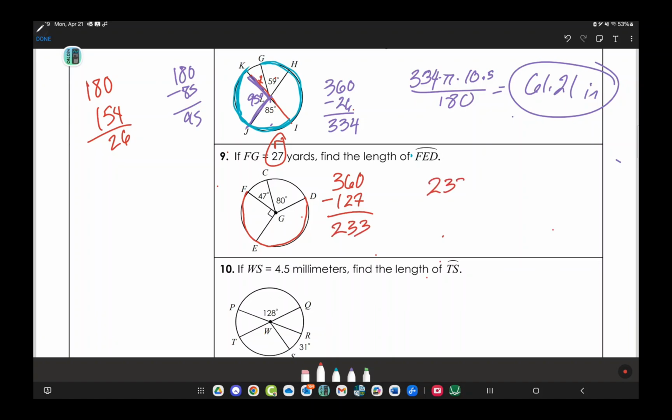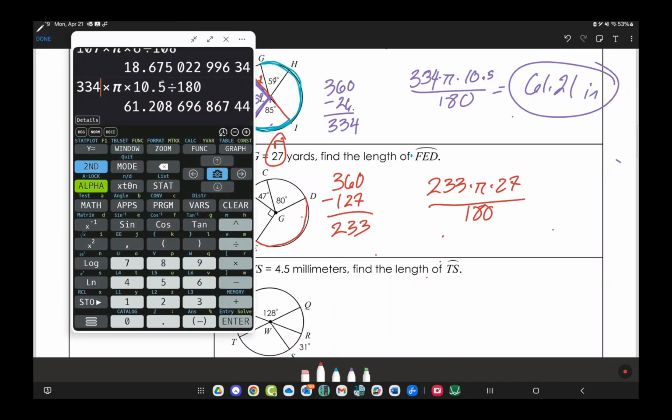So 233 times pi times 27 over 180 gives you 109.8 yards.